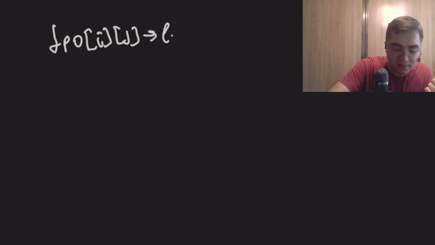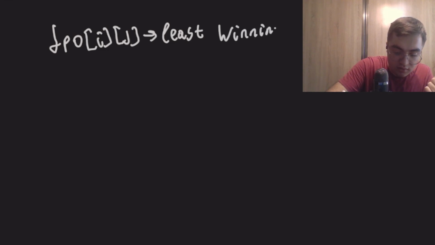Let's say dp0 ij is equal to the least winning even index in our array.